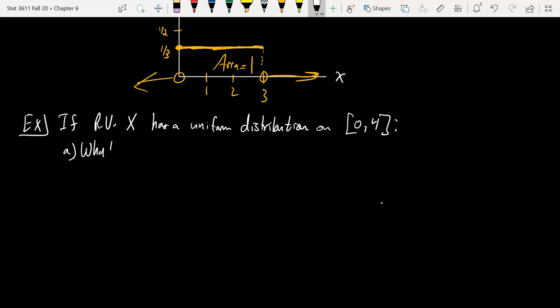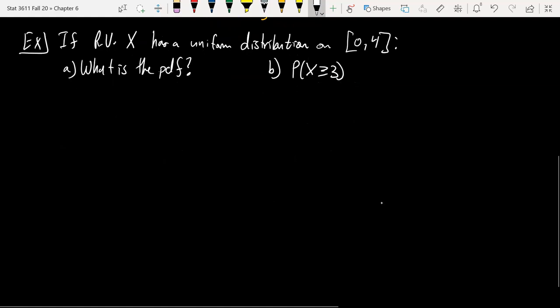Part A, what is the probability density function, the PDF? And part B, what is the probability that x is greater than or equal to 3?